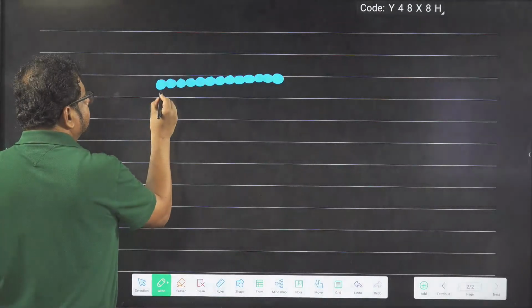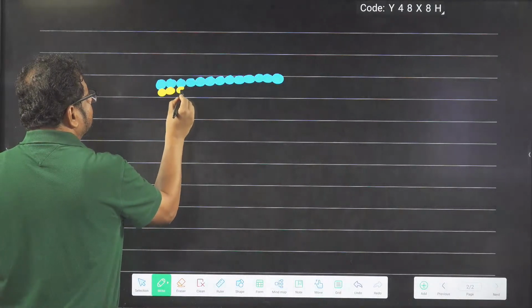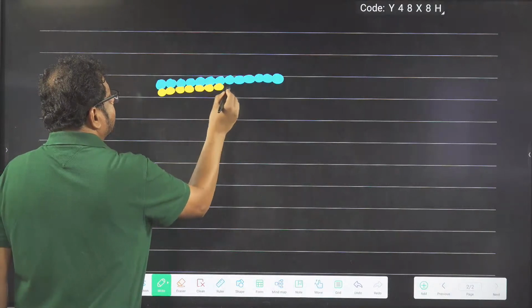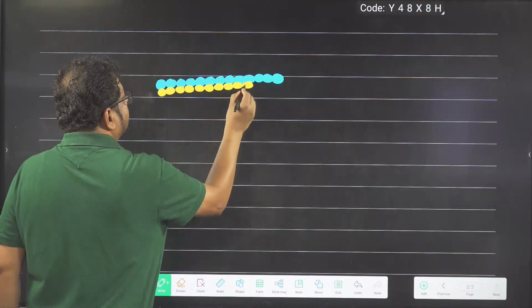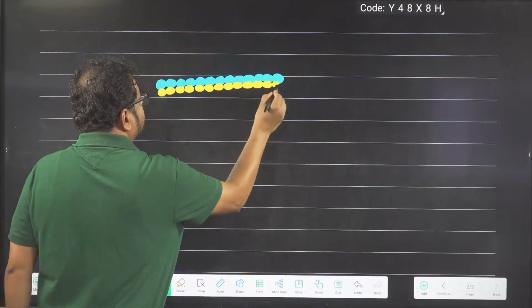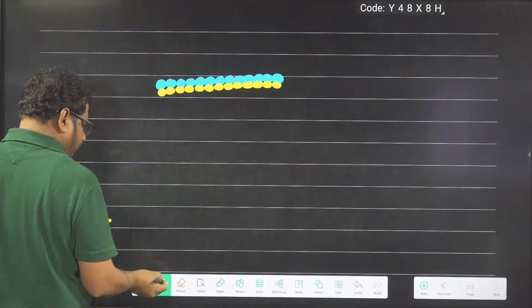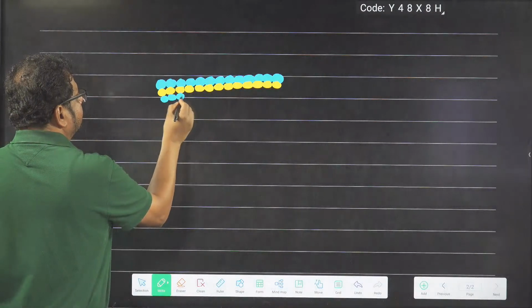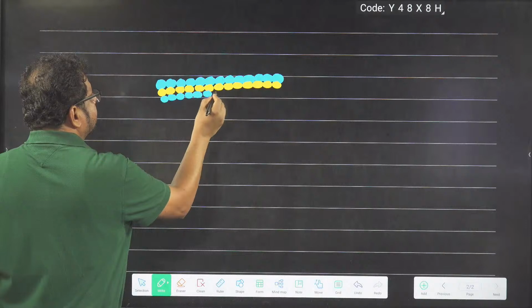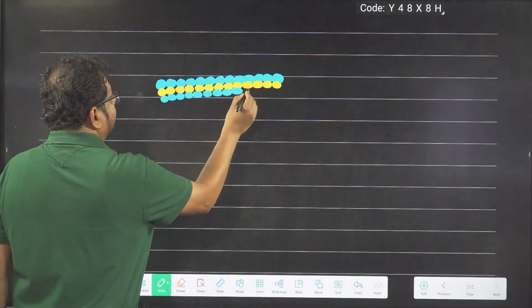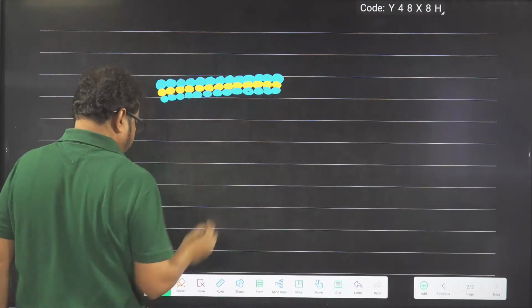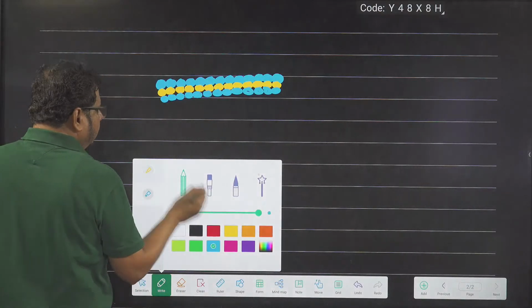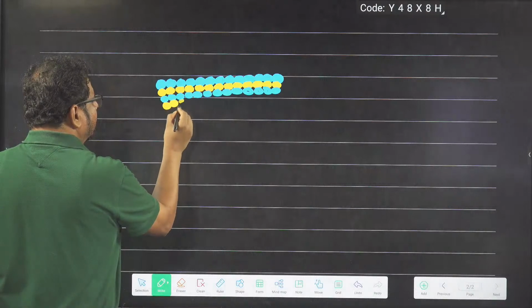Then it is beta, 13 of them. Now it is alpha, again 13. Now it is beta. And I am stopping here, otherwise a lot of time will take.